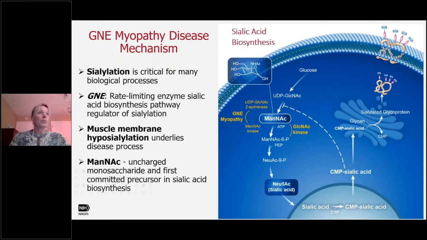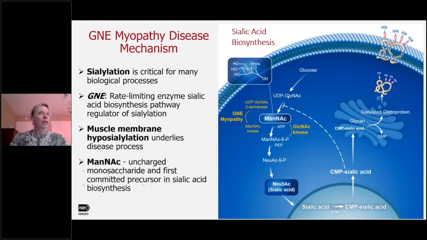So how do these proteins get the sialic acids? Well, this starts inside the cell with glucose, which can be converted in different pathways, but one pathway is it becomes UDP-GlcNAc, which is also a sugar. It's a charged sugar.